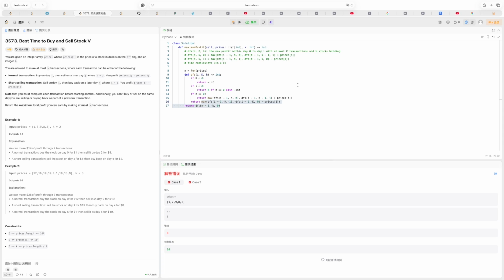Oh, something went wrong. Let's see. At most K transactions and only selling.